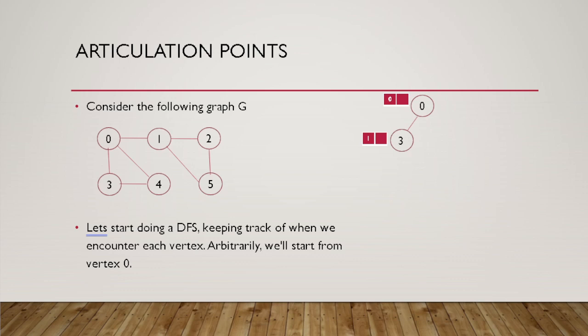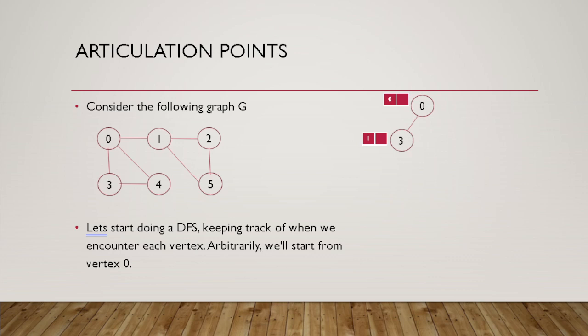What we want is a meaningful number. By keeping track of when the vertex was encountered in the construction of the DFS tree, the DFS number gives us an idea of how close to the root that vertex is, and this will become important later.